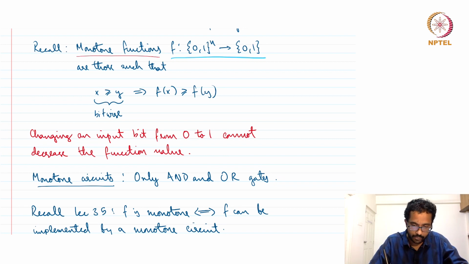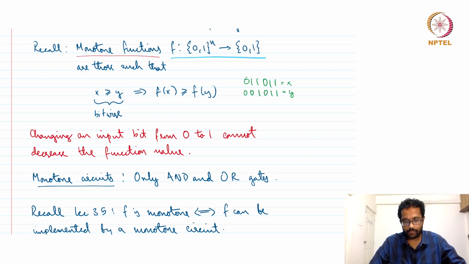And when I say x is greater than or equal to y, I mean bitwise. So the output on 0, 1, 1, 0, 1 should always be greater than or equal to the output on 0, 0, 1, 0, 1, 1, because here x is greater than y, so f of x should be greater than or equal to f of y.